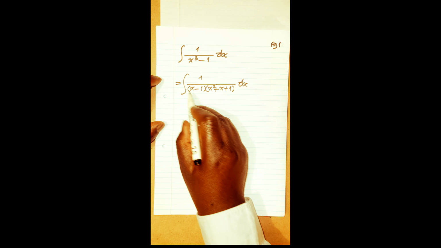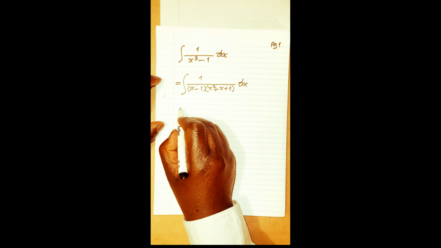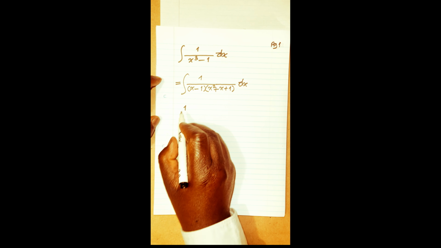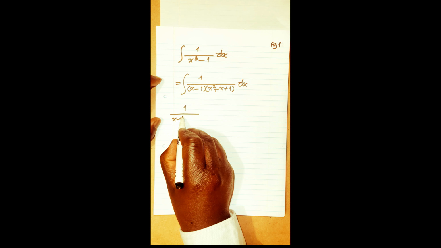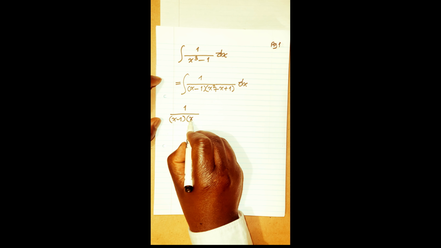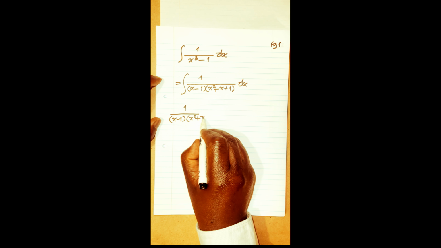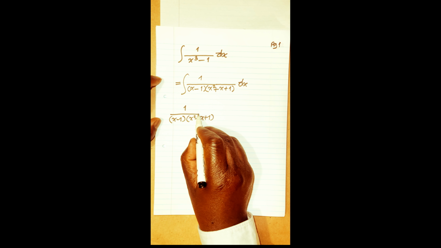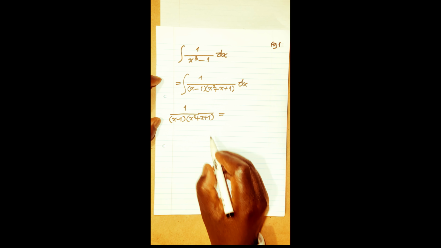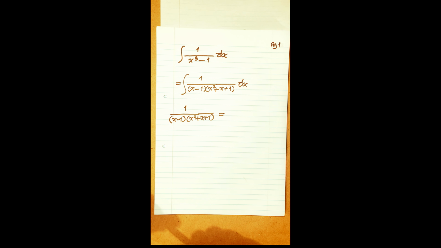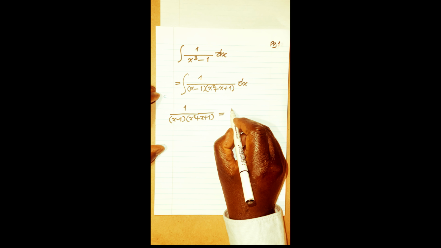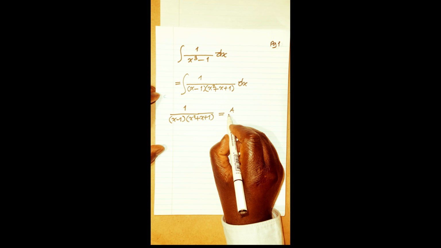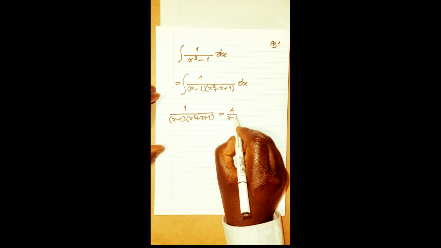Now we have to decompose the integrand by using partial fractions. So we have 1 all over x minus 1 and then x squared plus x plus 1. This should be equal to, remember rules of partial fractions, x minus 1 is linear, and therefore the numerator there has to be a constant over x minus 1, so a over x minus 1.